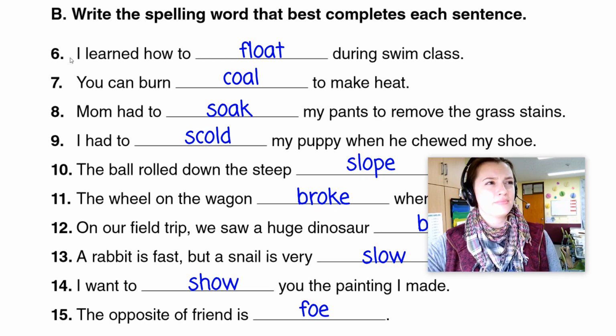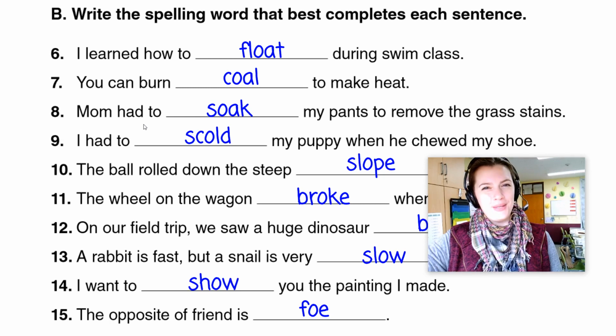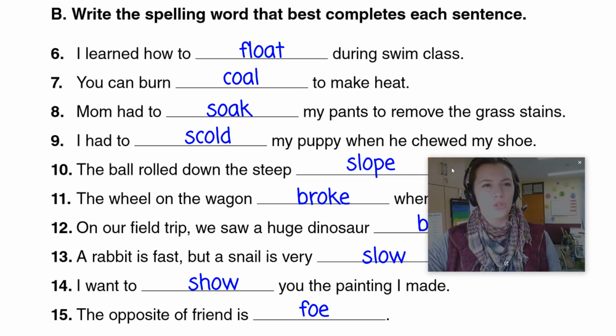It's not easy. Number 7, you can burn coal to make heat. Number 8, Mom had to soak my pants to remove the grass stains.